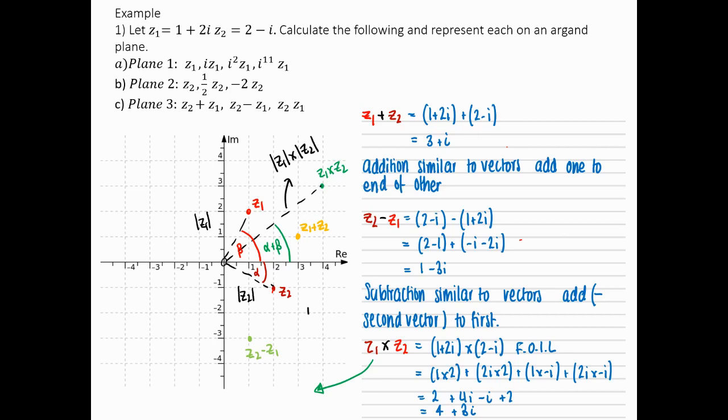My moduli, I actually get the modulus of z1 times the modulus of z2. So in this way, like we know in polar form, when we multiply two or more complex numbers together, we add the arguments and we multiply the moduli to get the new position.